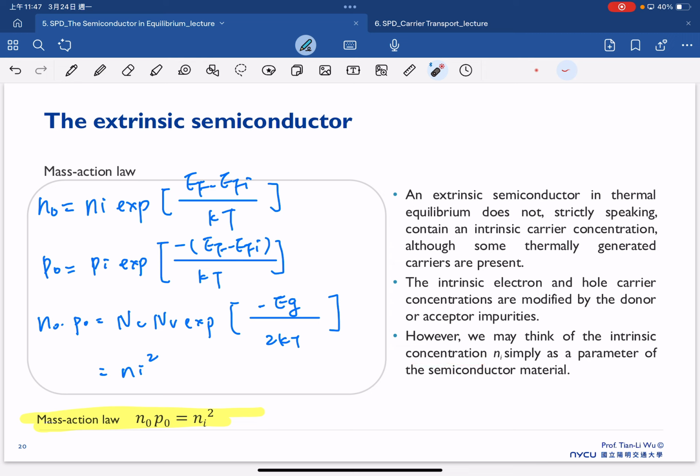So in the end, how do we judge one material? We can use Ni as a parameter to evaluate a semiconductor material. I think that's the purpose in the end. So the Ni will become the parameter of the semiconductor material.